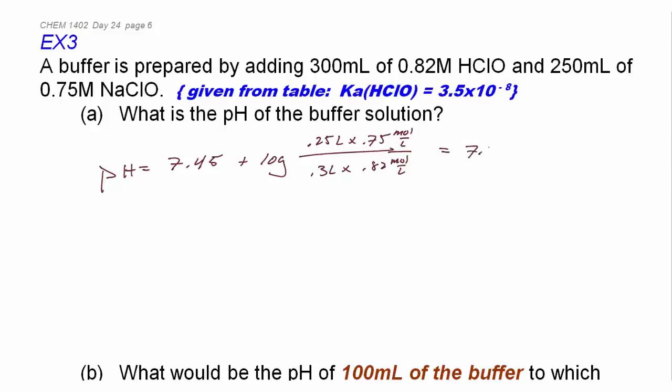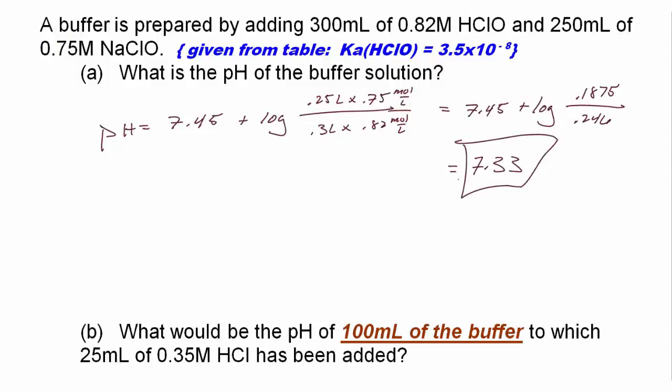So that's going to be 7.45 plus the log of 0.25 times 0.75, 0.1875, over 0.3 times 0.82, 0.246. Okay, I got around 7.33. That's the final answer there.